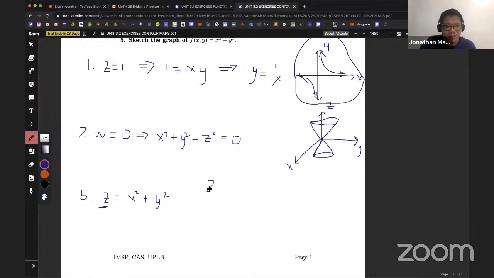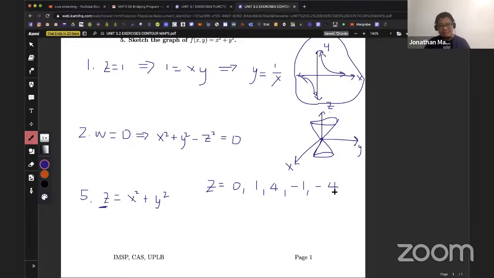Okay? So, ibig sabihin, magsiset tayo ng iba't ibang values for z. Okay? So, ang kunin natin na z ay, let's say, 0, kunin ko rin si 1, kunin ko rin si 4, I'll take negative 1 and negative 4. Okay?